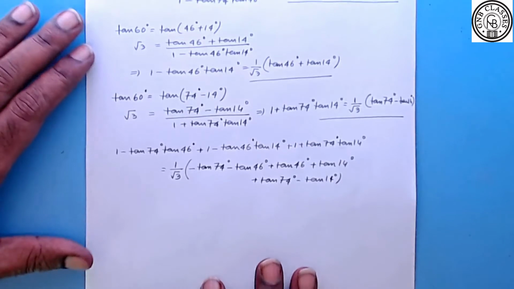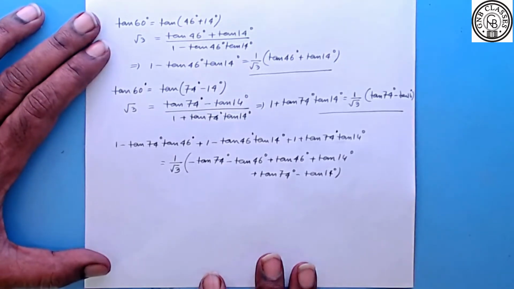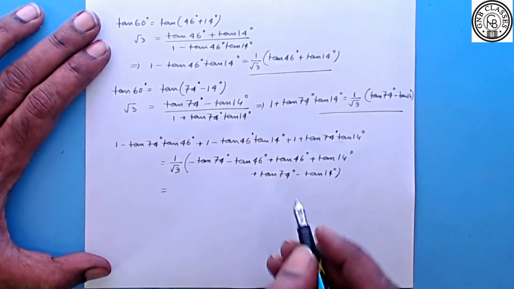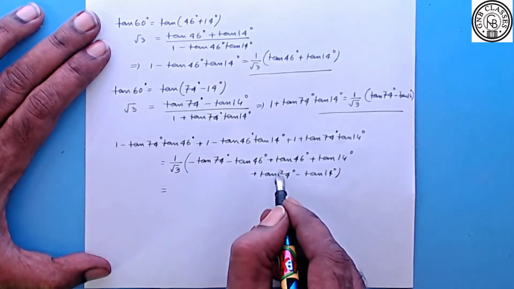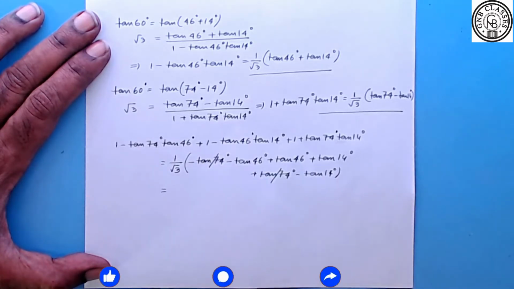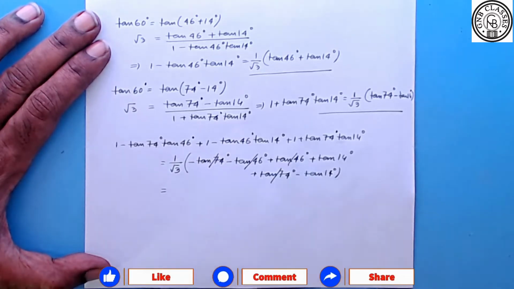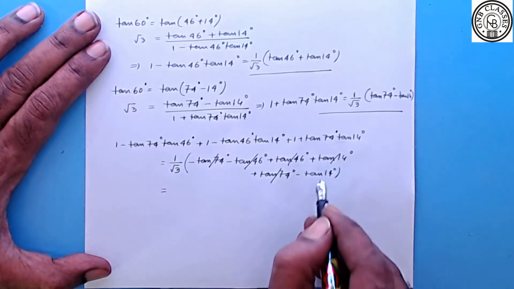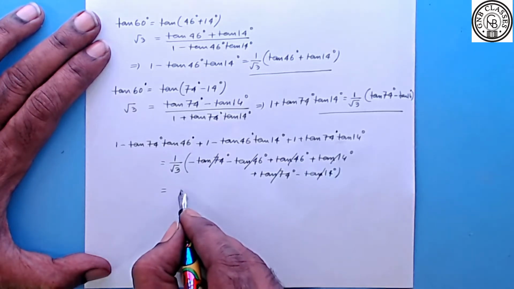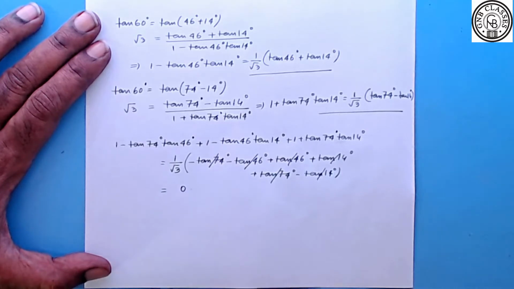Is it clear? So now we observe that tan 74 goes off, tan 46 goes off, as well as tan 14 goes off.